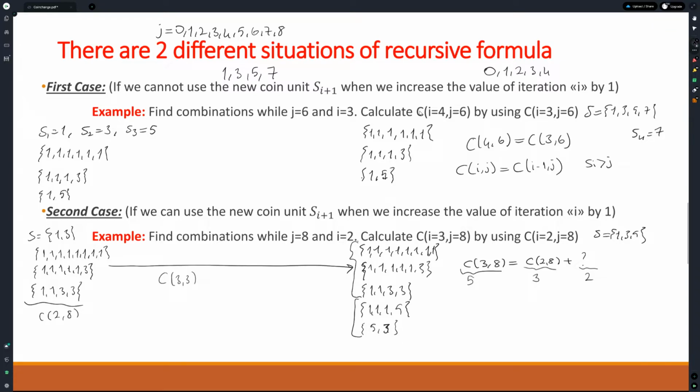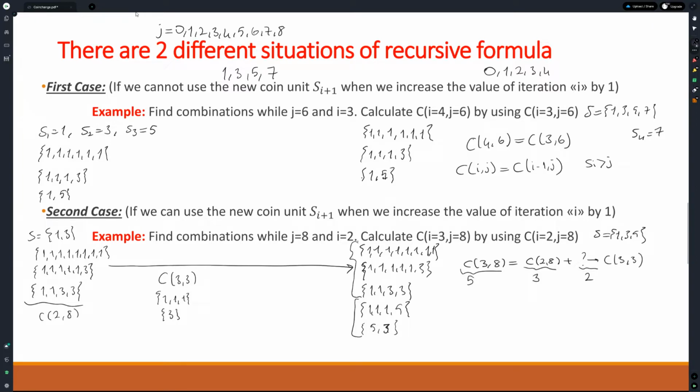What is the combination of this? 1, 1, 1 and only 3. So the number of combinations equals the number of these new combinations, because we can calculate the combinations by adding 5 into them. So we can write here C(3, 3).